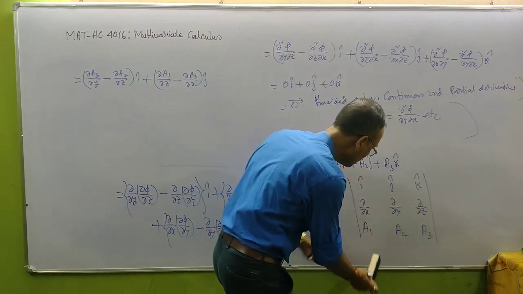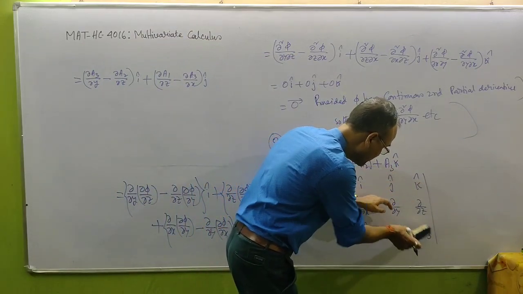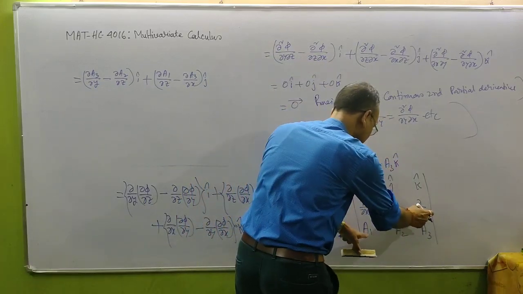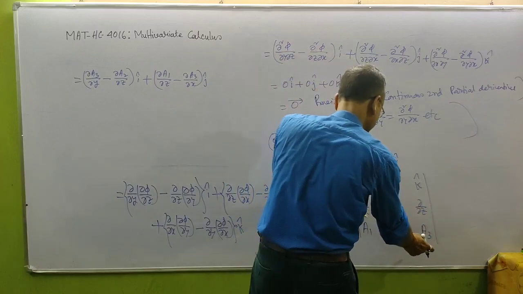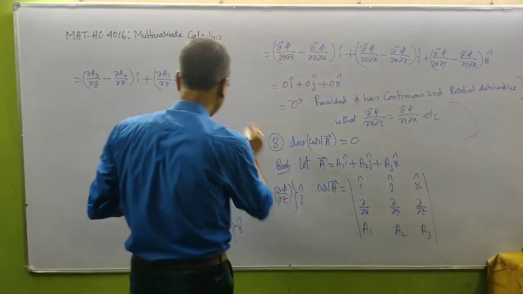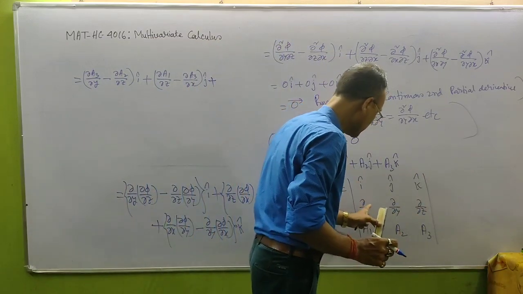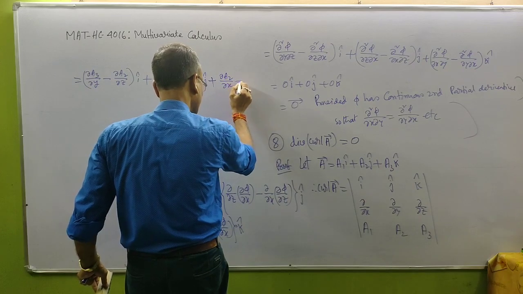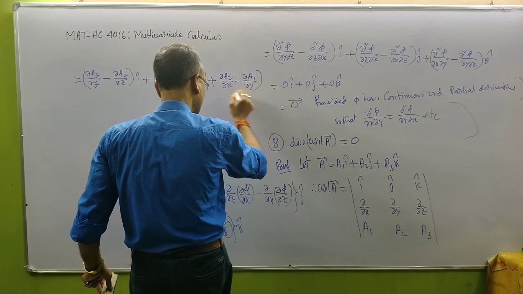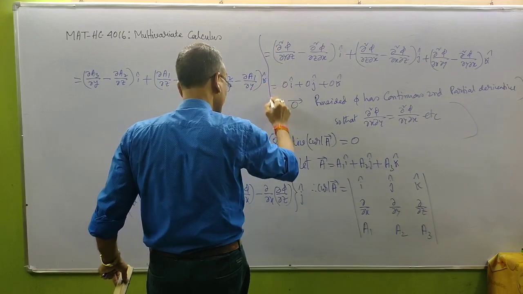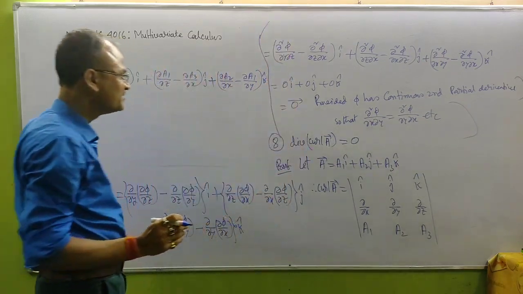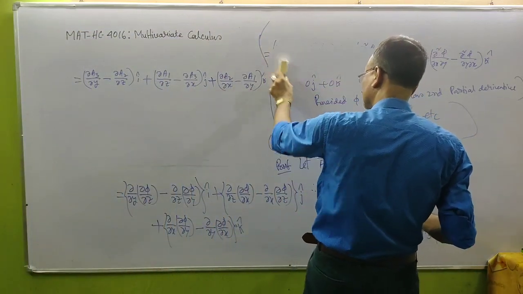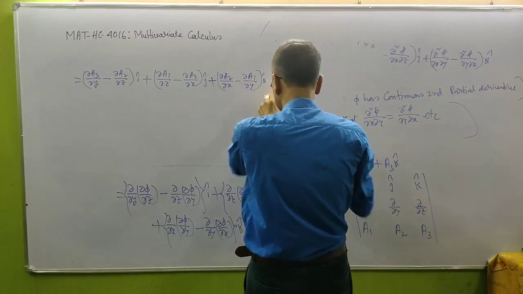For i cap, just remove this one: ∂A3/∂y minus ∂A2/∂z. For j cap, remove this and this; first write this one, ∂A1/∂z minus ∂A3/∂x. Plus, for this, ∂A2/∂x minus ∂A1/∂y, k cap. Right, like this.